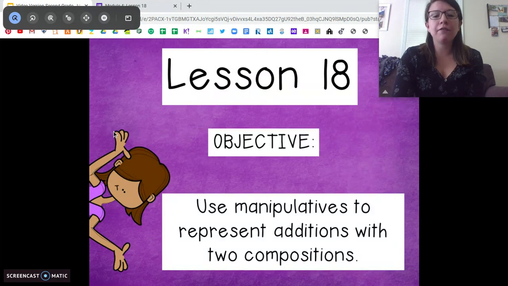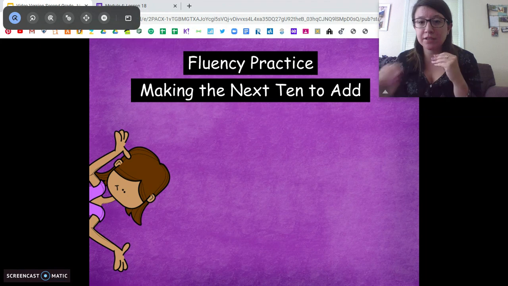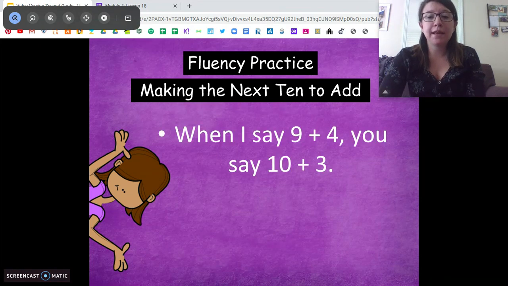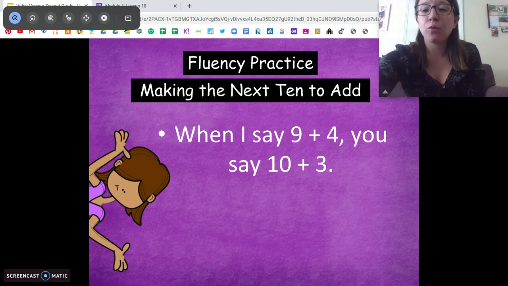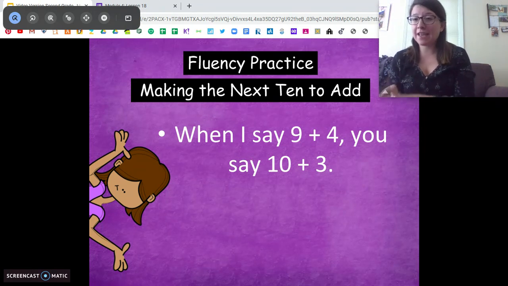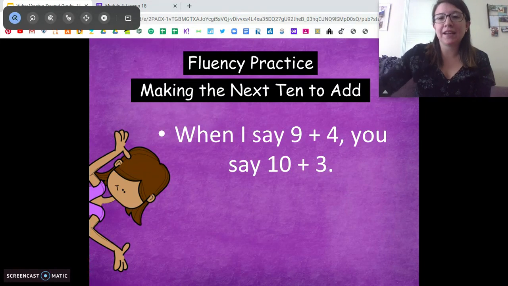We're going to start off with manipulating numbers to make groups of 10. For example, I'm going to show you an addition problem. If I say 9 plus 4, you're going to change that into the 10 plus fact, or the fact that's going to get us to the next 10.